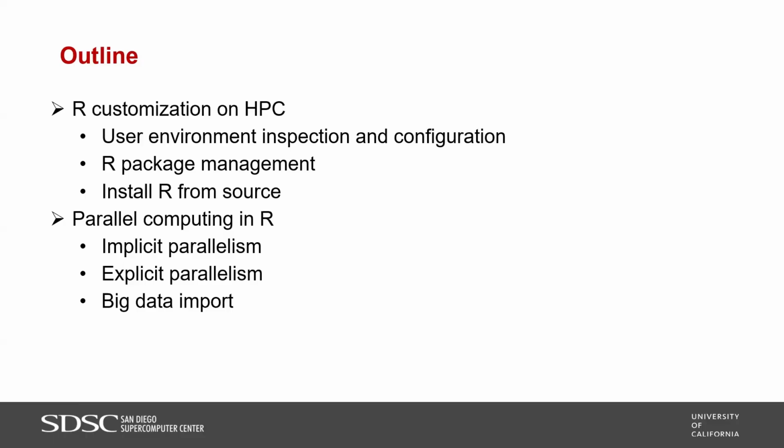And then we can learn how to install R from the source code. In the second part, we will get some base knowledge about the parallel computing in R, which includes the implicit parallelism and the explicit parallelism.